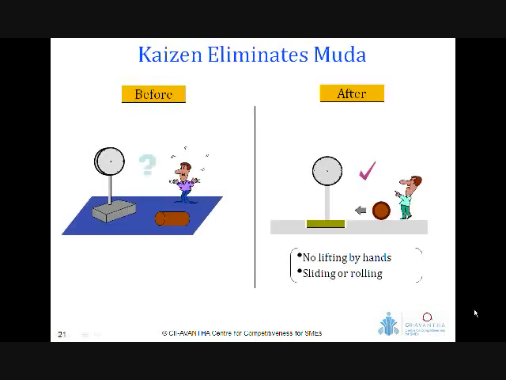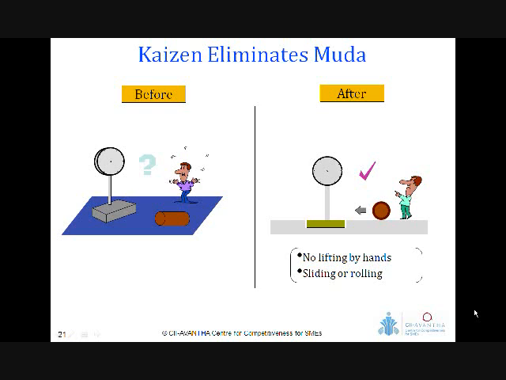This is a very simple example. If you have to weigh some weight, what will you do? You will take that material near the weighing machine, lift the weight, put it on the weighing machine and measure the weight. If it is heavy, you may need extra manpower and you will have Muri.